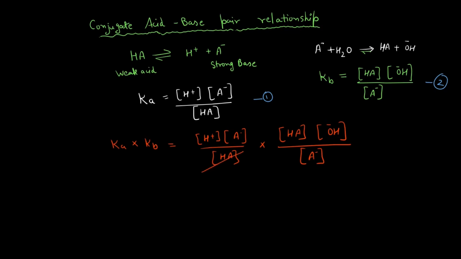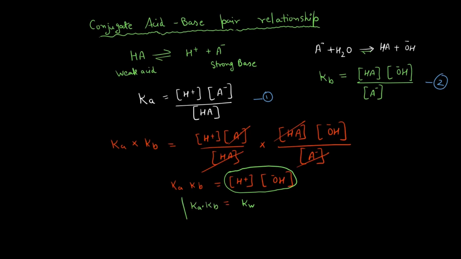So this cancels out, and this cancels out, so we are left with Ka into Kb equals concentration H plus ion multiplied by concentration OH negative. And we know that this value is Kw. So we got a relationship between Ka and Kb. Ka into Kb equals Kw. Kw is the ionic product of water.